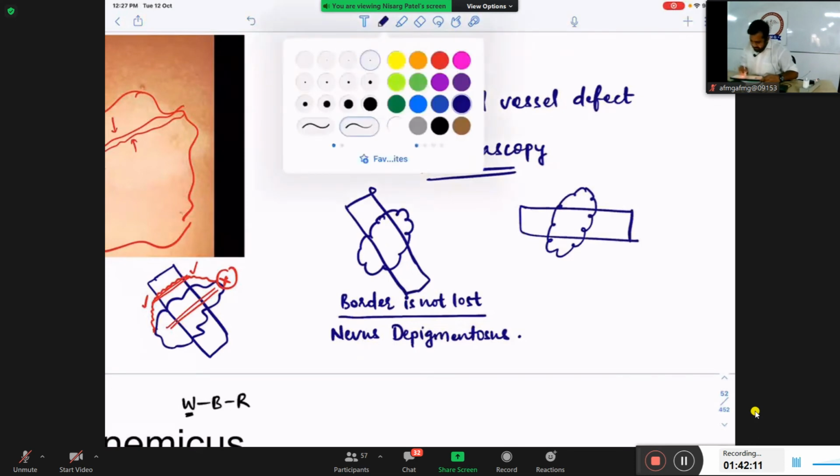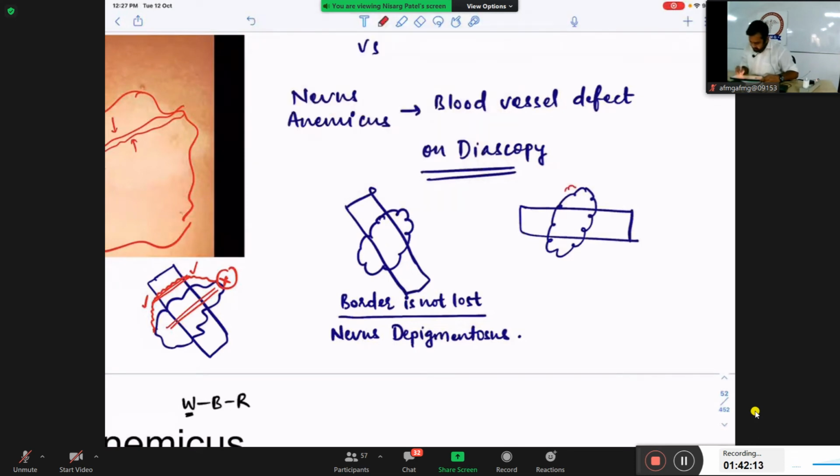But in nevus anemicus, there will be a change of the border. What I will notice is that there is a change of the border. This is a nevus anemicus.